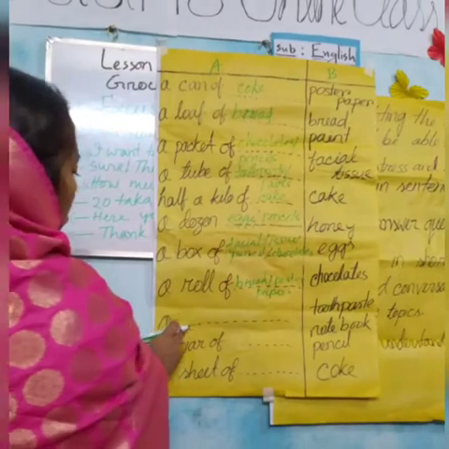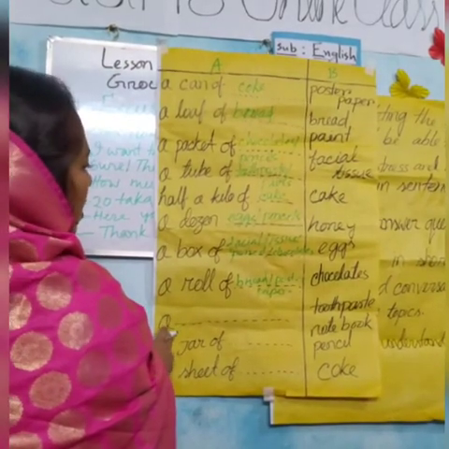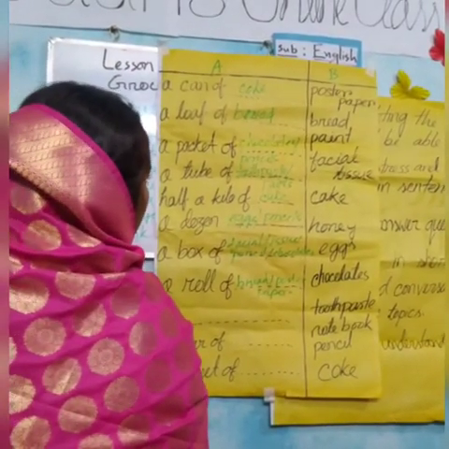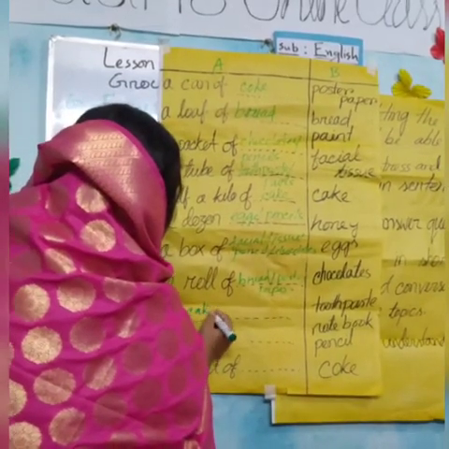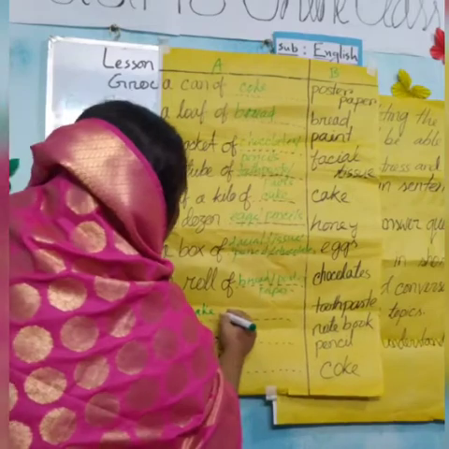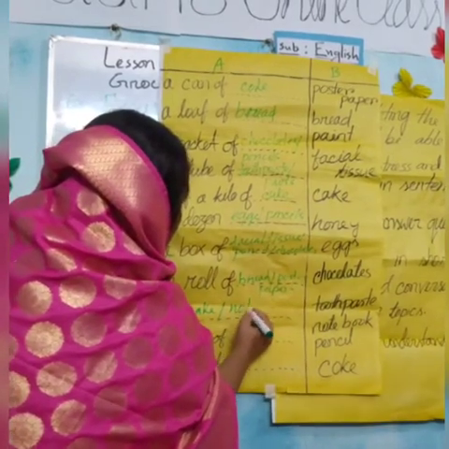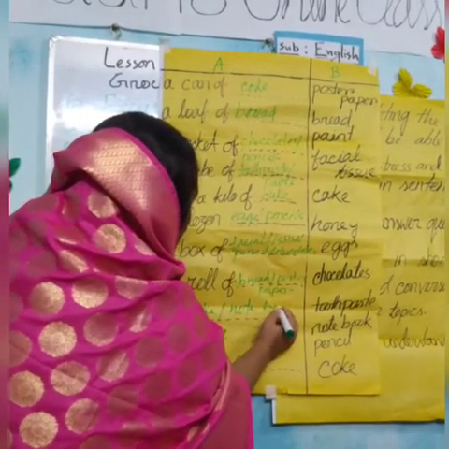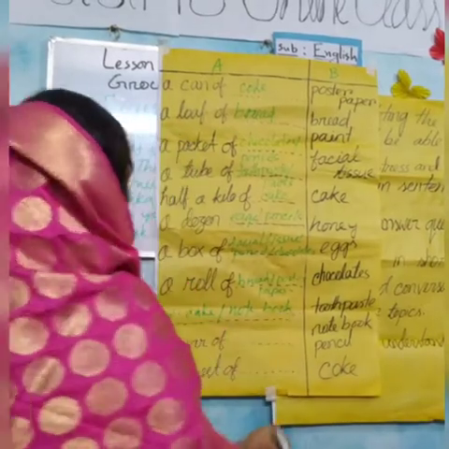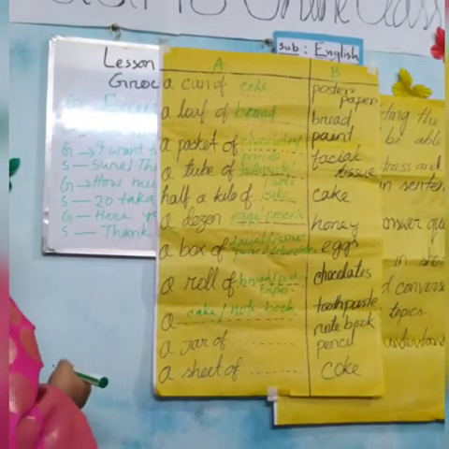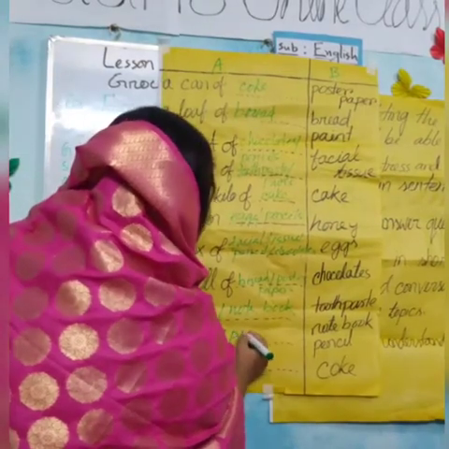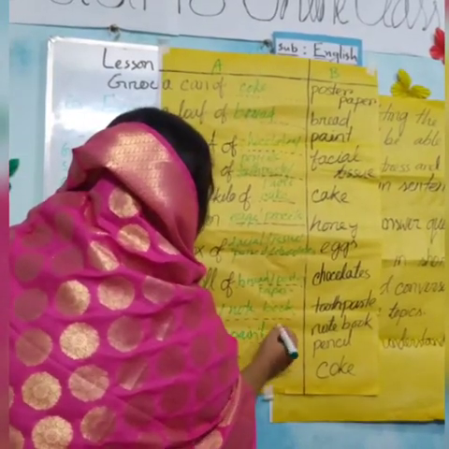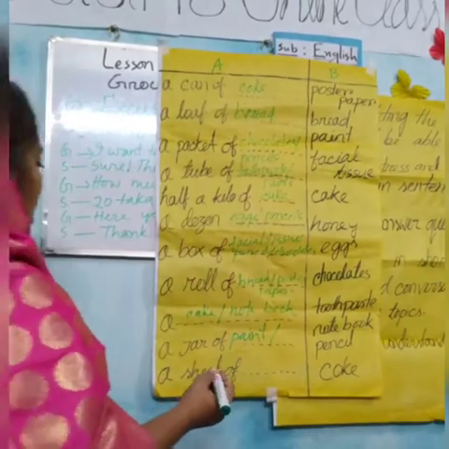Here we can see only A. So we can say a cake or a notebook. A jar of paint, or it can be a jar of honey.